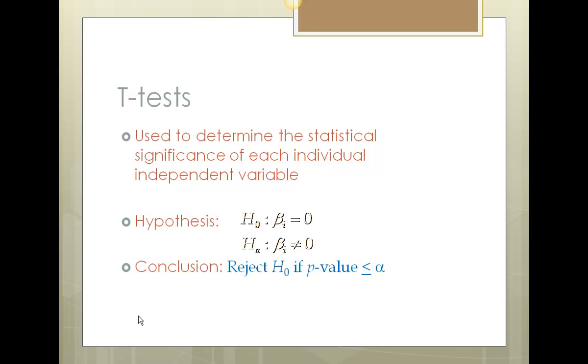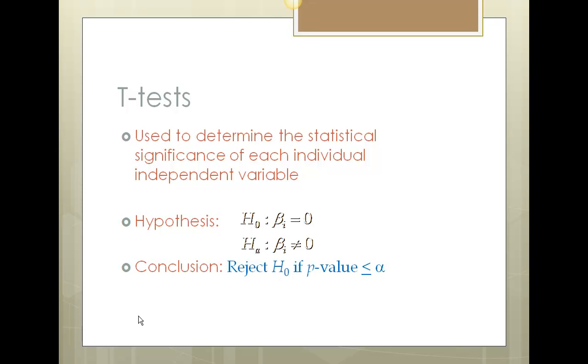They were years with the firm and score in the aptitude test. So H0 is beta whatever equals 0. In other words, this variable is useless. This independent variable has no impact on my dependent variable, and HA, it's not useless. Its impact is not equal to 0. It does have a statistically significant impact on Y.